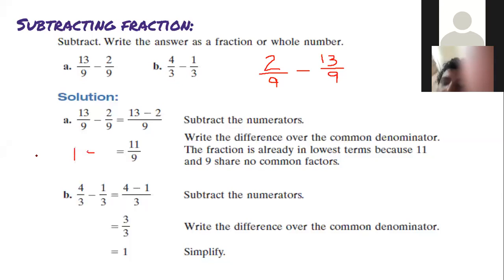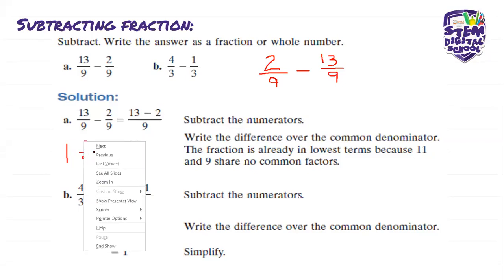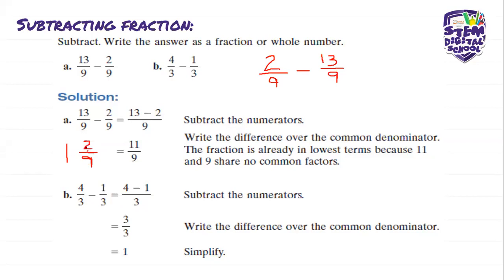So let's see. Isn't it that we multiply with the bottom and we add with the top? So 1 times 9 is what? 9. And then how much more do we need to turn it into 11? 2. So what would be our final answer? It would be 1 whole and 2 ninths.